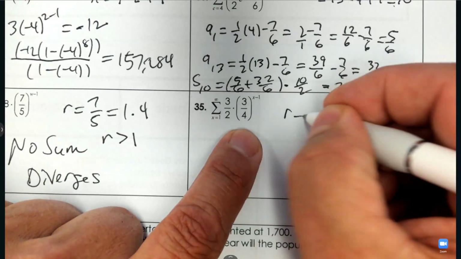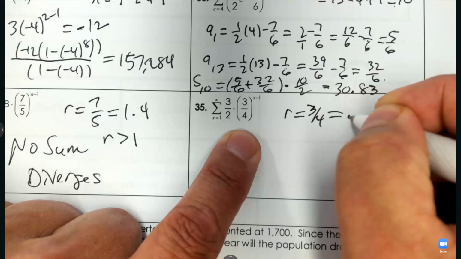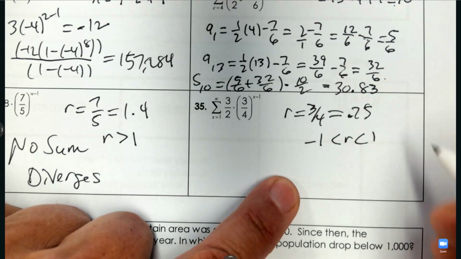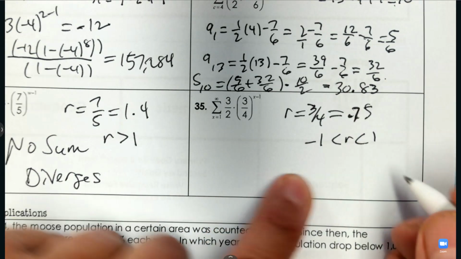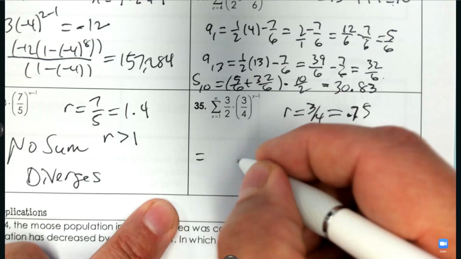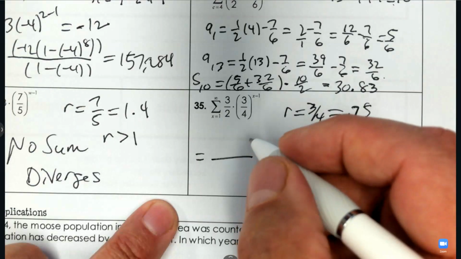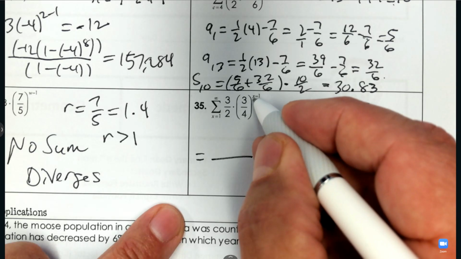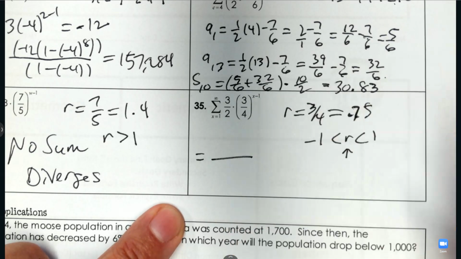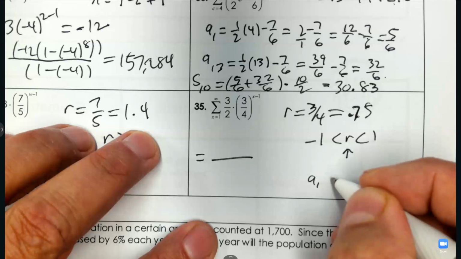Notice this R, 3/4, even if you changed it to a decimal, is it between -1 and 1? 0.75. Is it in between those two numbers? Yes, so there's an infinite sum. The formula is A1. So if you plug in 1 for x, 1 take away 1 is 0. So 3/4 to the 0.